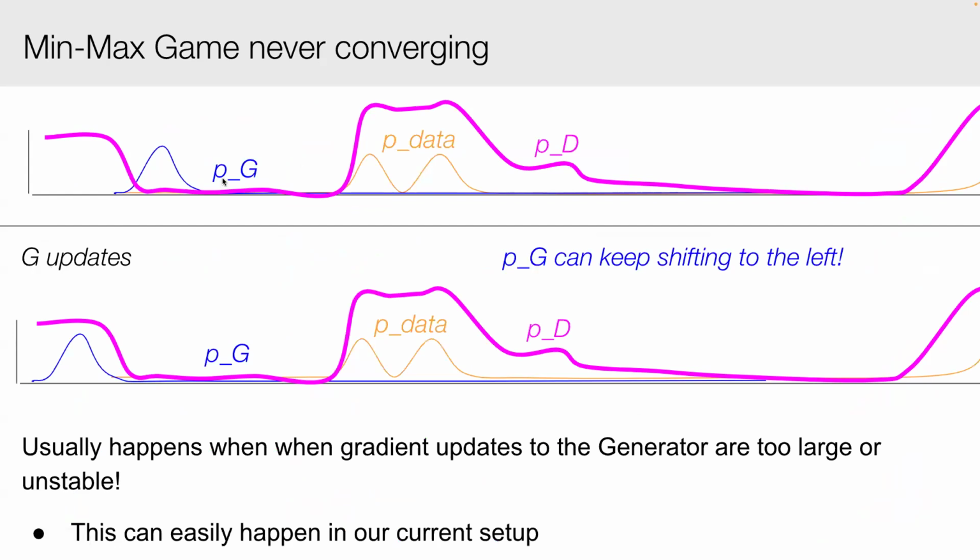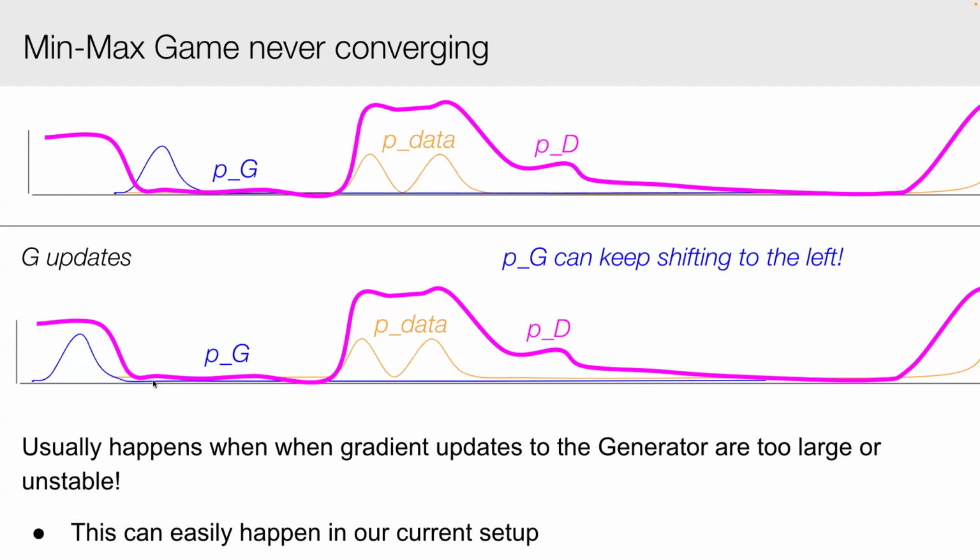So you can see the generator can keep moving in that left direction, and the discriminator can keep squashing it, and by accident encouraging the generator to move in that direction. Because the generator is just trying to move in a direction in which the discriminator fails to detect it as fake, it could just as easily move to the left. And so this game will never converge. This left-hand side has infinite space, so let's just keep running away that way.